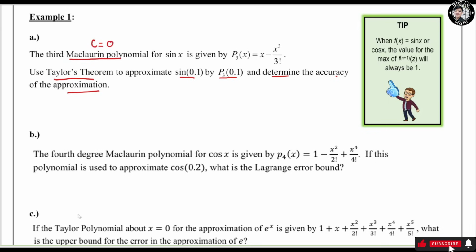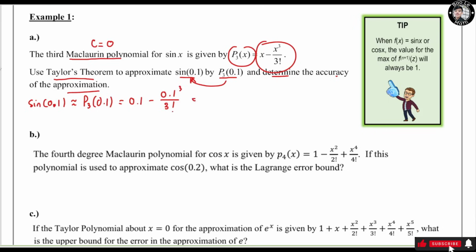So sine of 0.1 is approximately P_3(0.1), because we're going to use this one to approximate this. Substitute 0.1 for x, so I have 0.1 minus 0.1 to the power of 3 divided by 3 factorial.